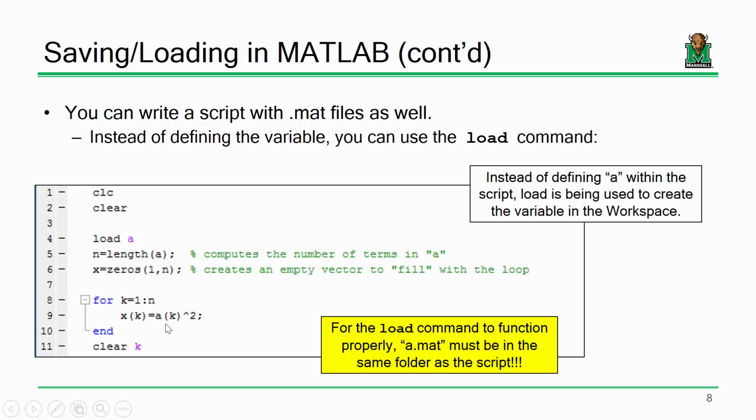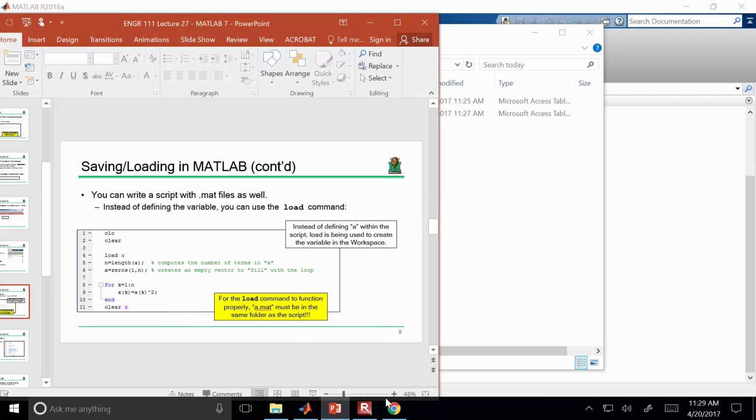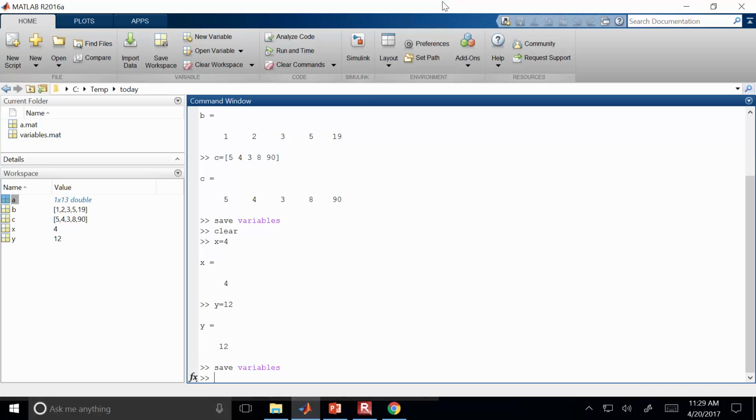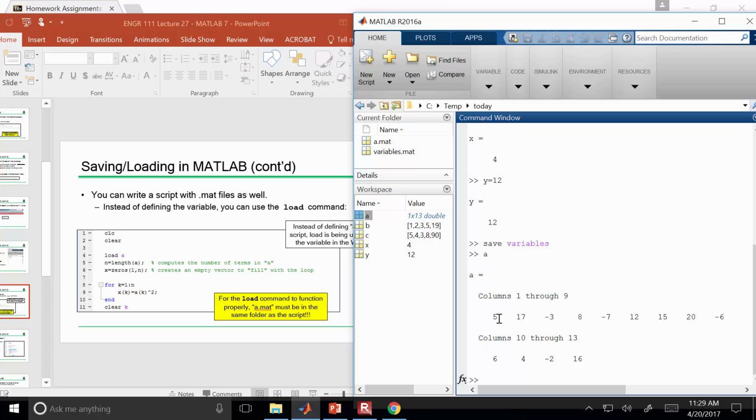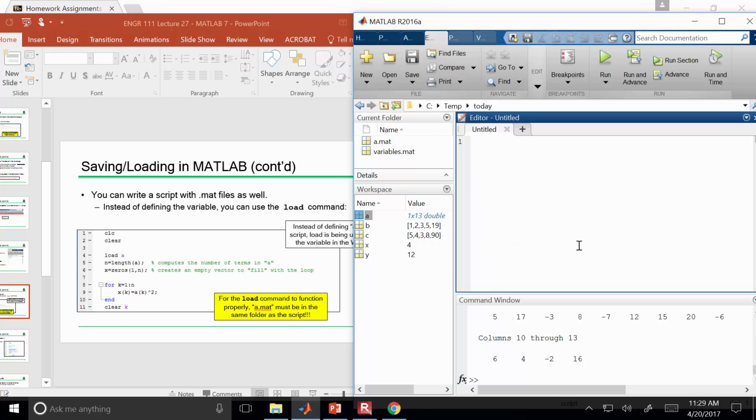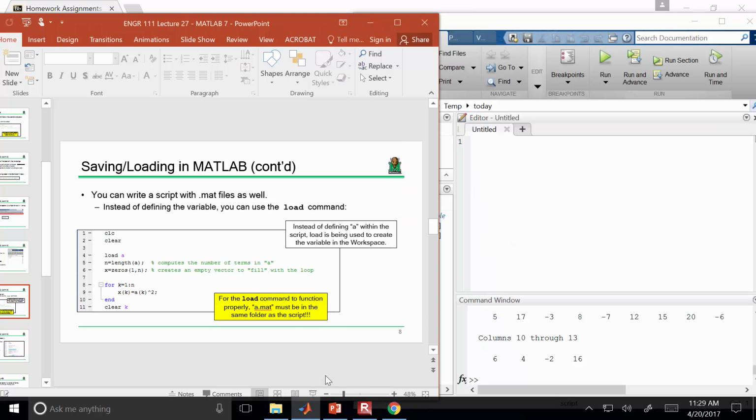And so let's try doing that. Let's reference an externally saved set of variables. Okay, so here's this matrix A. If we want to see what's in it, it's that series of numbers that we typed in. And so now let's create a new script that follows this pattern.